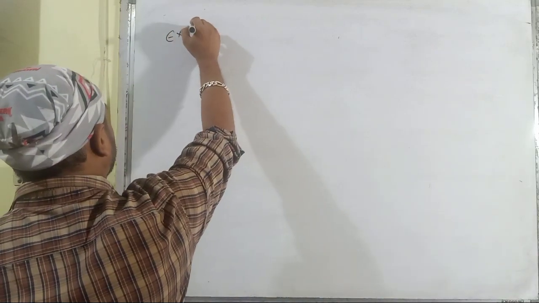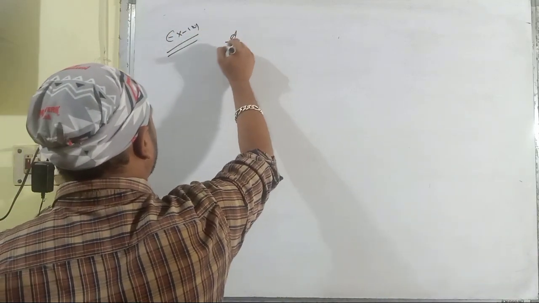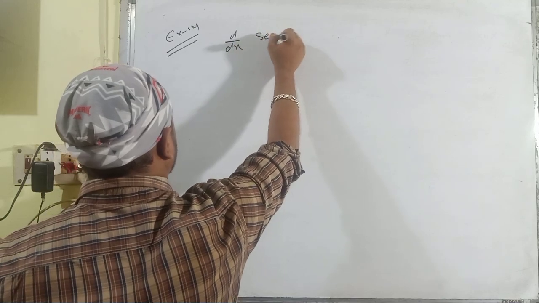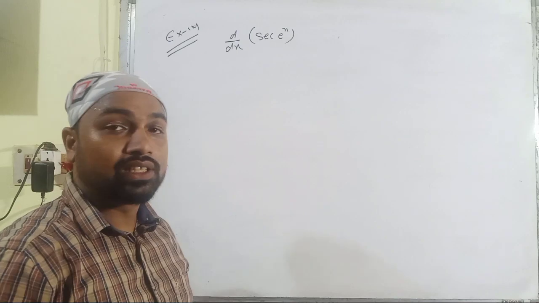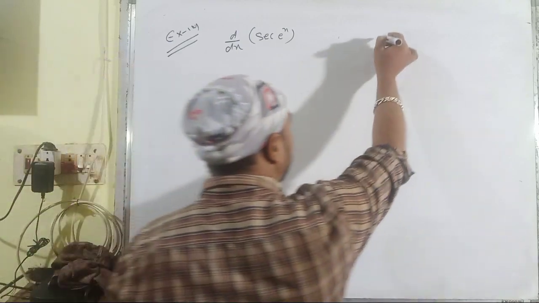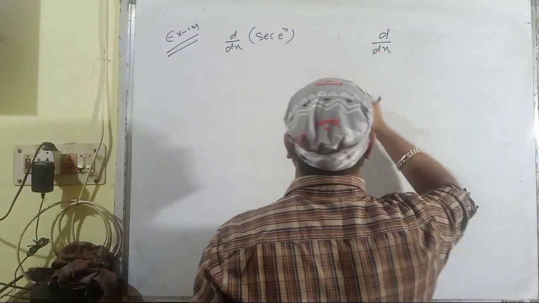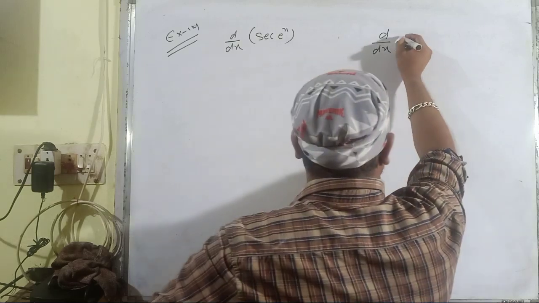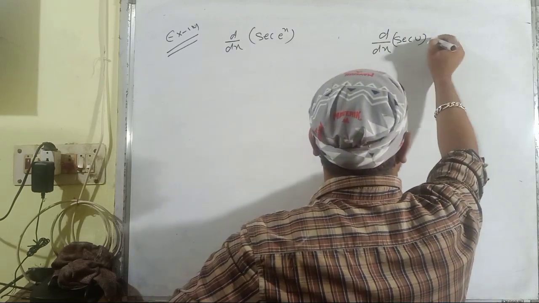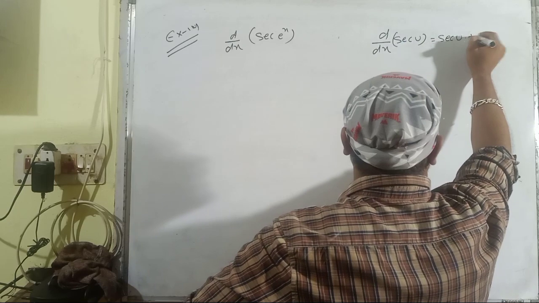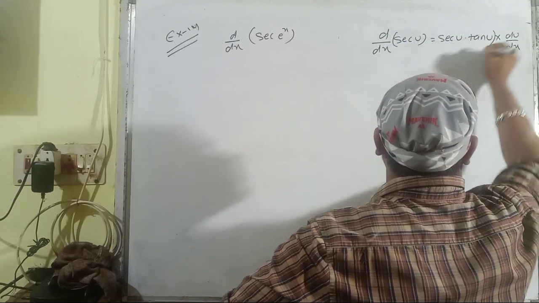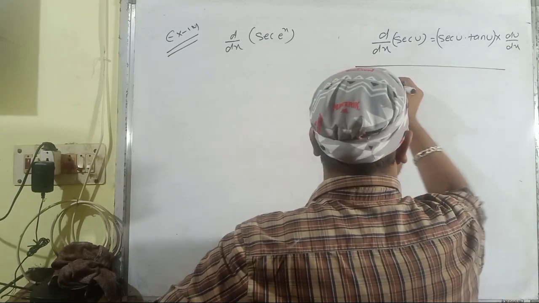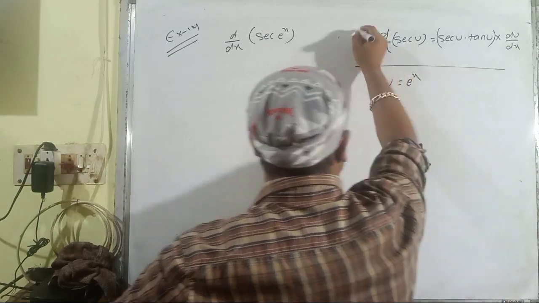Example number 14 is here. Differentiation of sec e to the power x. We know that differentiation of sec u is sec u tan u multiplied with the differentiation of u with respect to x, and here u is equal to e to the power x.